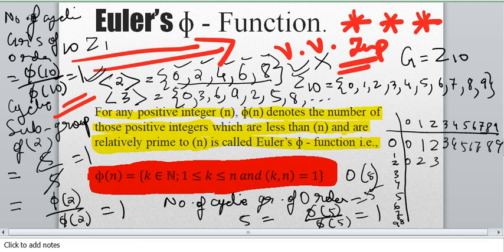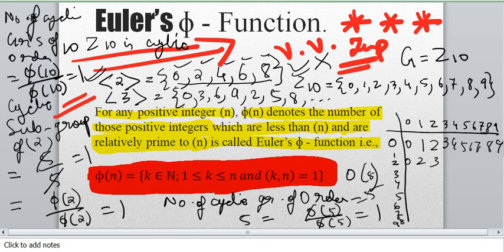So Z10 is cyclic because it is generated by an element, right? If the group can be generated by an element, it is cyclic.